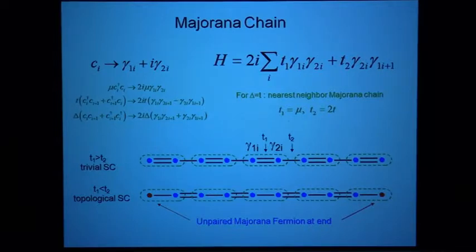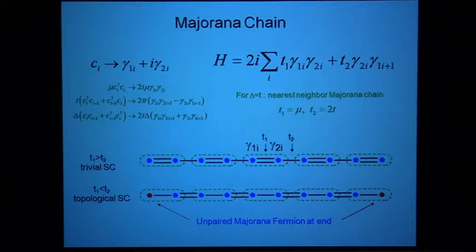Okay, and so that means when delta is equal to t, then we have this simple Kitaev chain where it's clear that when T1 is bigger than T2, then you don't have anything at the ends. But when T1 is less than T2, then you have these unpaired Majorana modes that live at the end.